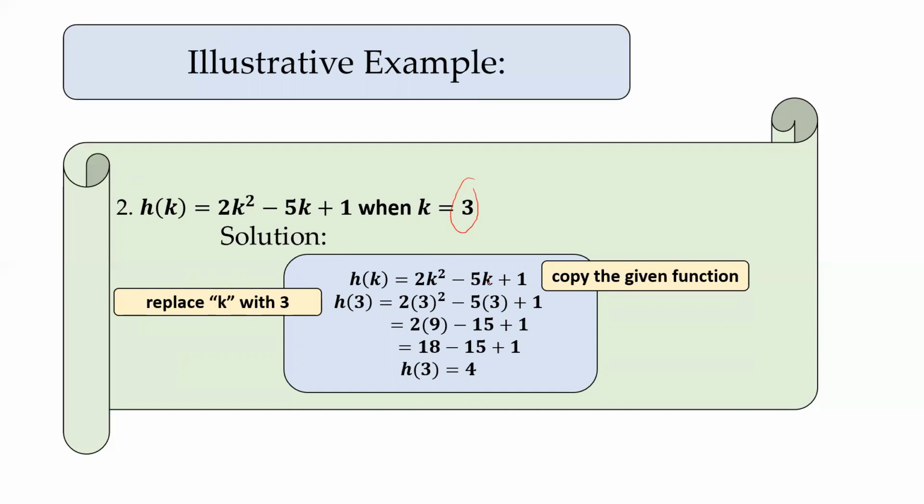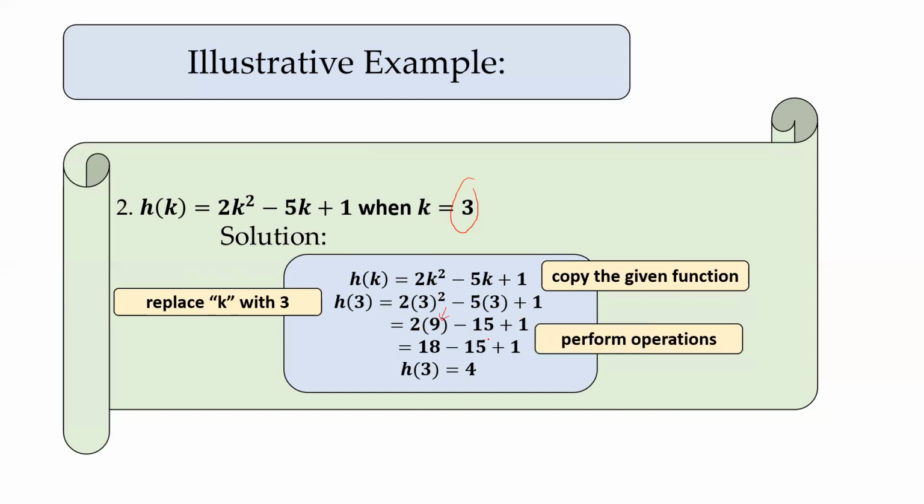We will use parentheses to show the operation multiplication. So 3 squared will become 3 times 3, and that will become 9. That would mean 2 times 9 minus 5 times 3, that is 15. Bring down plus 1.